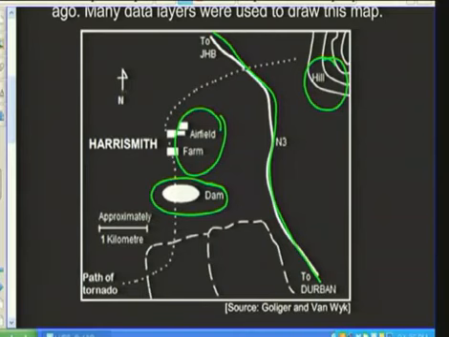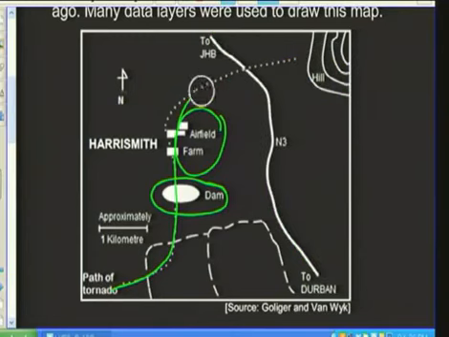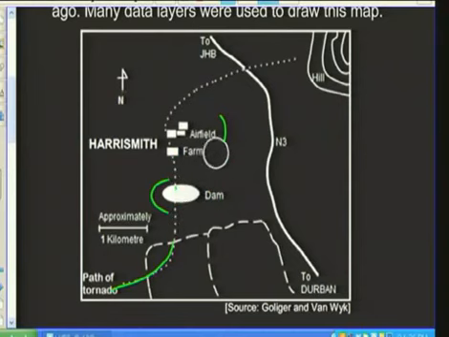And then we have the path of the tornado, which is indicated by that dotted line there. Now, what we have here is a whole bunch of information that's been shown to us in a visual form. And the beauty of it is that we have a computer that has put all that information together, making it easier for us to access.